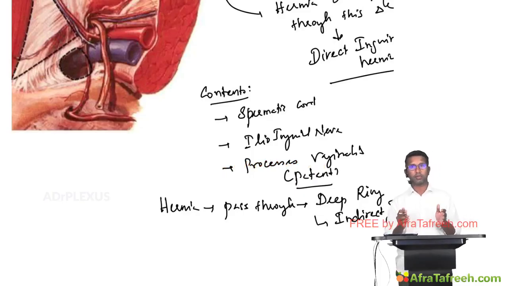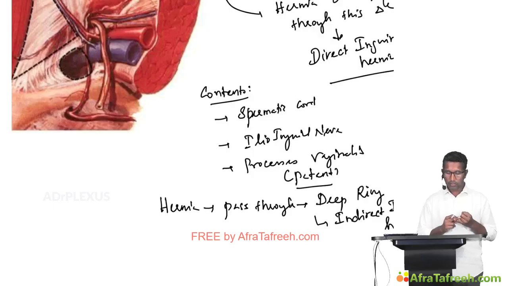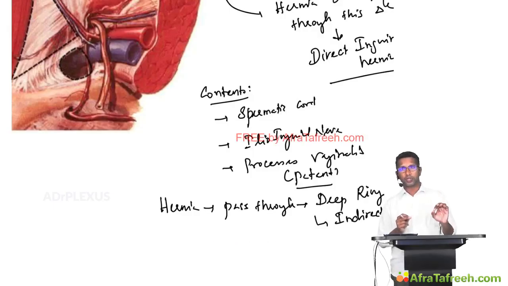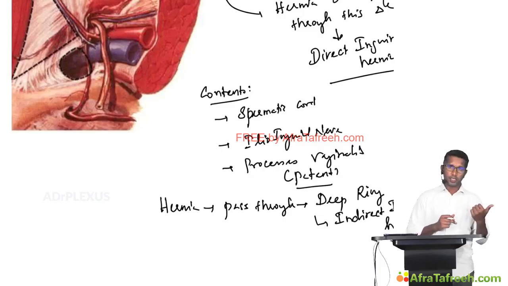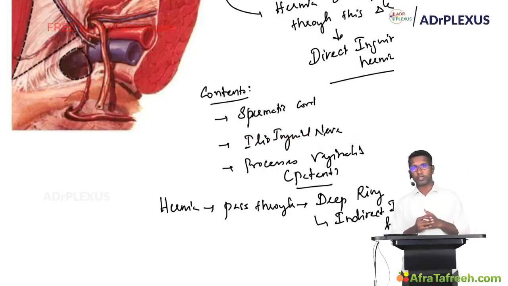There are two kinds of inguinal hernia: the direct inguinal hernia and the indirect inguinal hernia. If the hernia occurs through Hesselbach's triangle, then it is called a direct inguinal hernia. And if the hernia occurs through the deep ring and comes out to the superficial ring, we call it an indirect inguinal hernia.